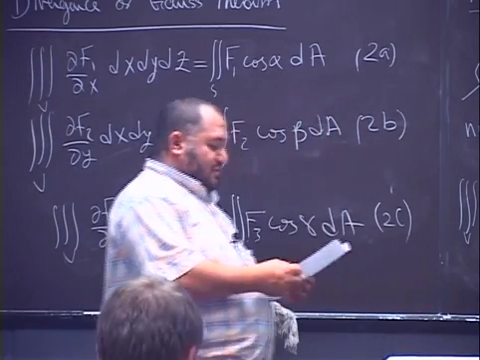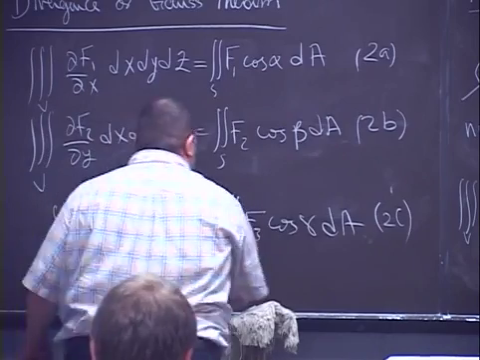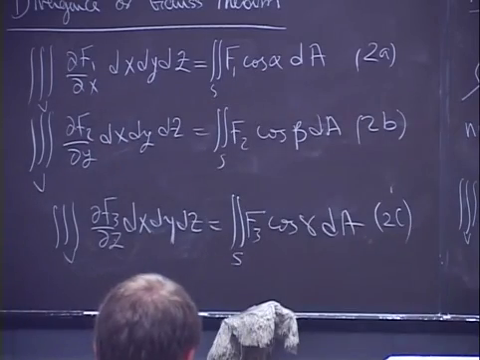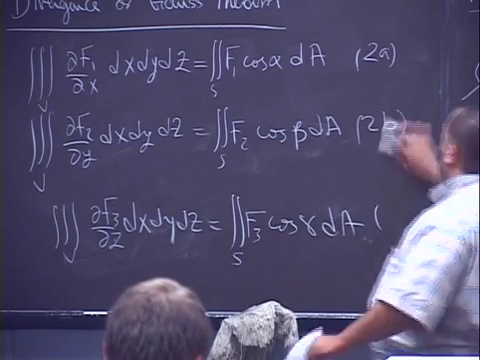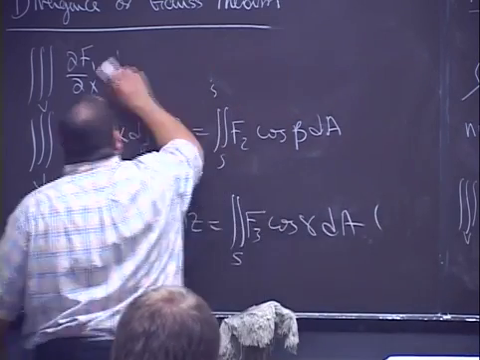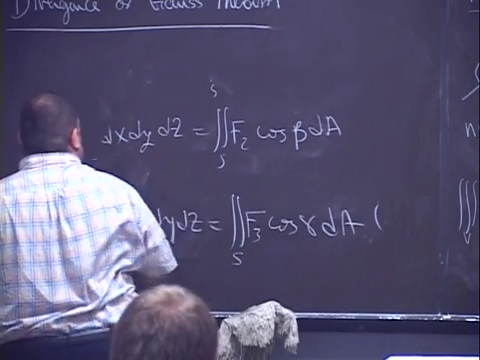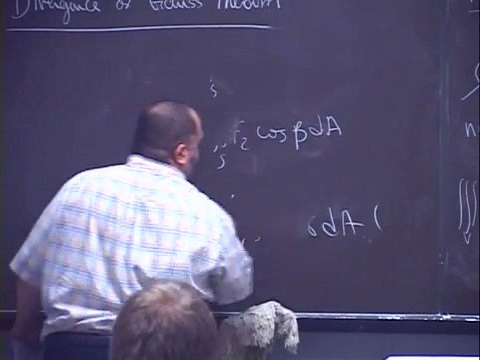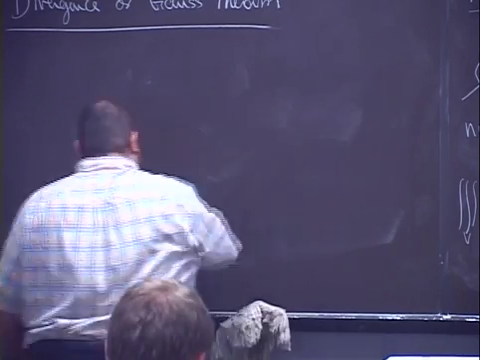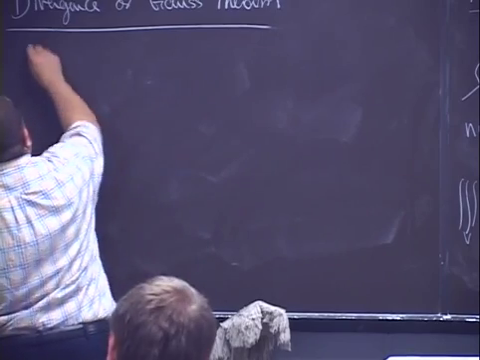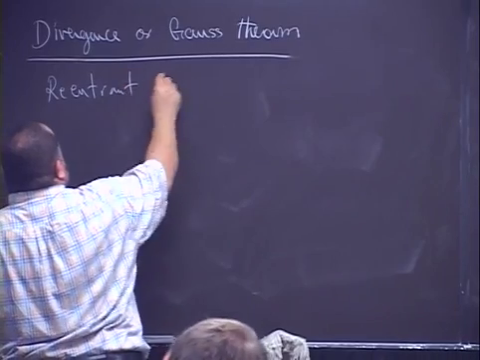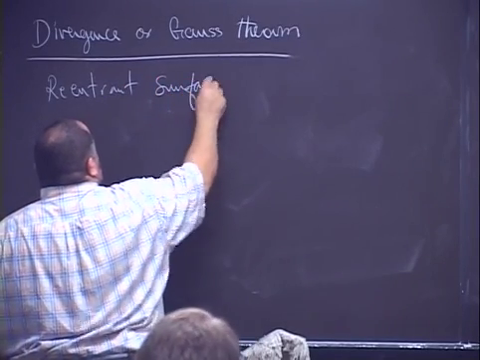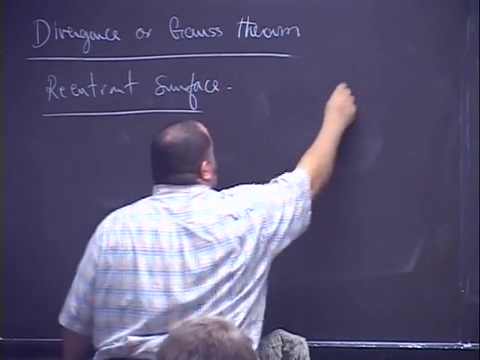If, for example, you have a re-entrant surface, you can still prove that the Gauss theorem is correct. And all you will do is, let's assume for a re-entrant surface, you have something like this.